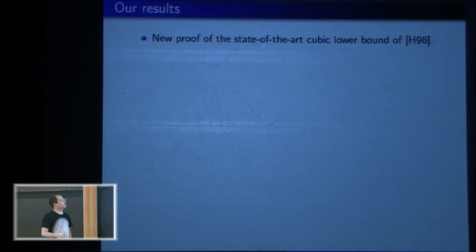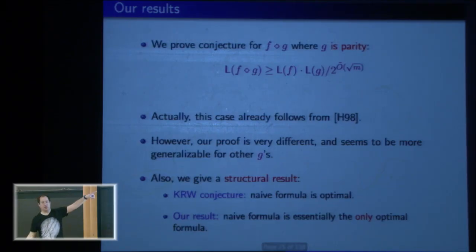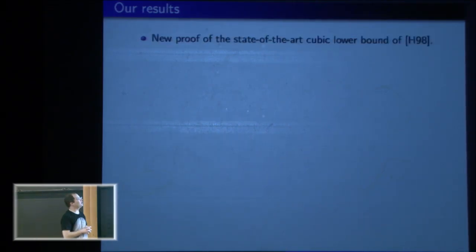Along the way, we also get an alternative proof of the cubic formula lower bound of Hastad. Actually, what's really going on in Hastad's work and also in the previous works is that they actually prove this theorem, and then they derive in a relatively simple way from the composition theorem a cubic formula lower bound.